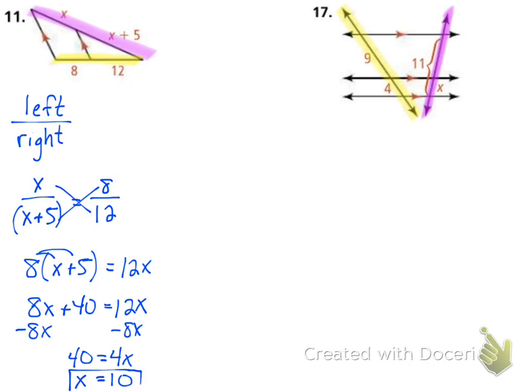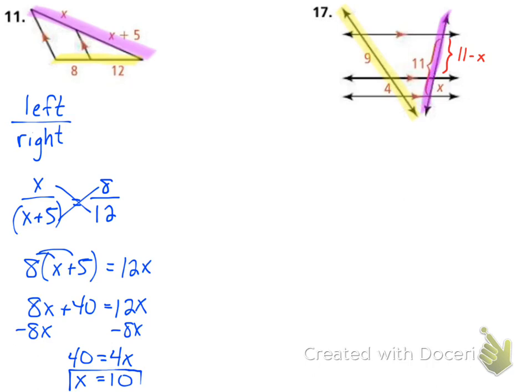The one trick we have here is this entire length here is 11, and just this piece right here is my X. So when I'm writing this, I'm going to have to write something for just this piece right here, which if the whole thing is 11 and I just want to take off the piece I don't want, it's going to be 11 minus X. Because this whole purple thing is 11, and then I want to subtract off the piece that I don't want, which is the X. And so this would be 11 minus X just right there.